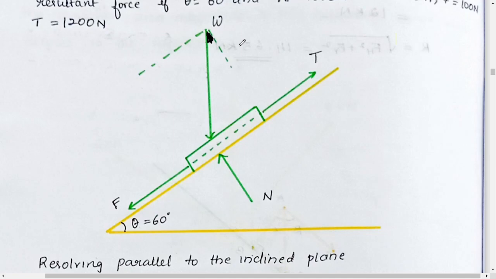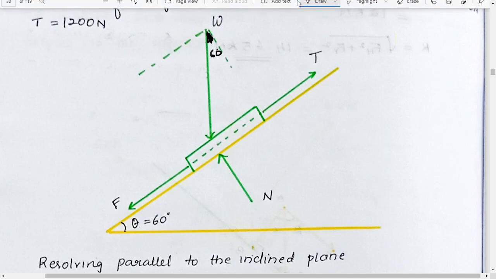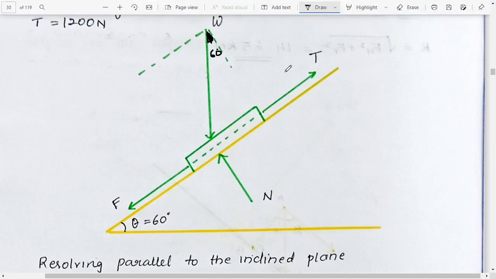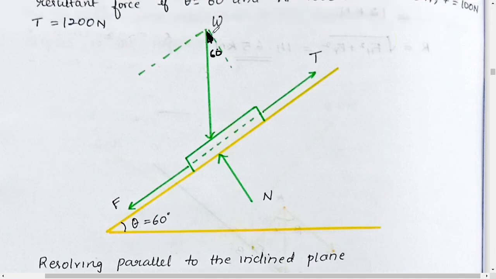That is alpha is equal to theta. That means this angle is equal to 60°. If this is 60°, what we can do is resolve these forces into two components like this and like this. If we resolve these forces into two components, then we can simply do this problem.